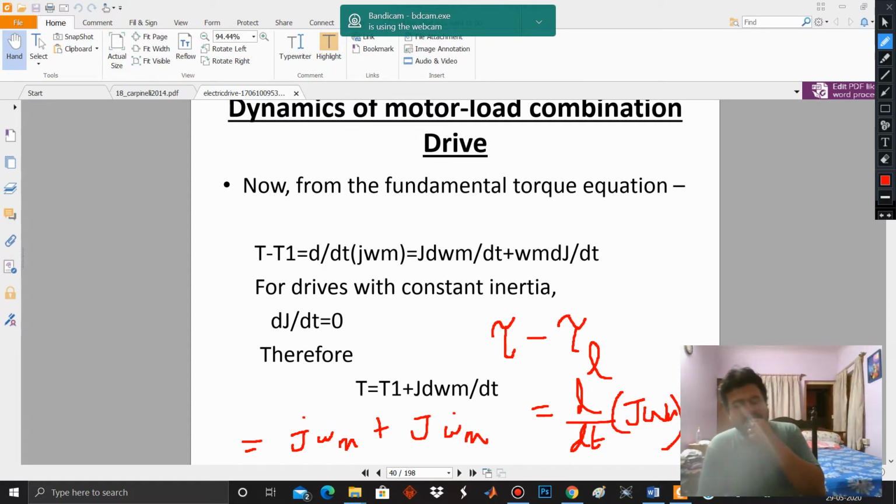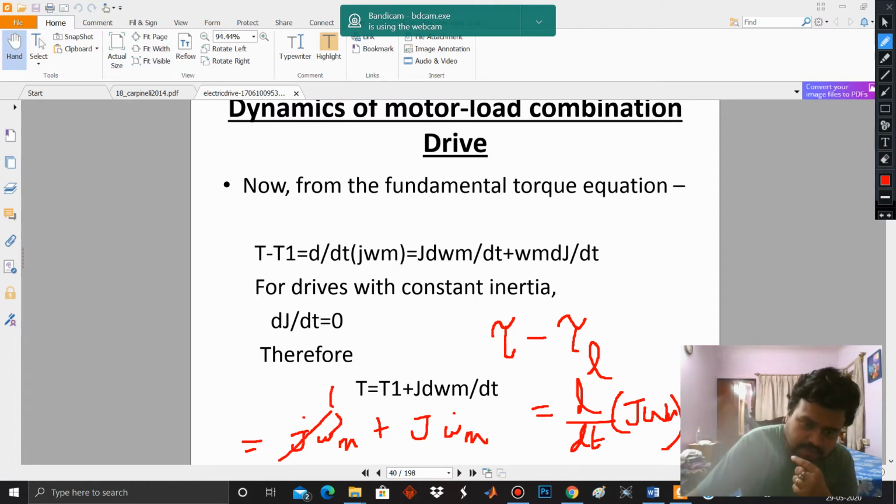But you see, the constituency of the rotor does not change, and the rotor is fixed. So obviously, as the rotor is fixed, the moment of inertia of the rotor is also fixed. So I can say that the derivative J dot, that is dJ/dt, will be 0.